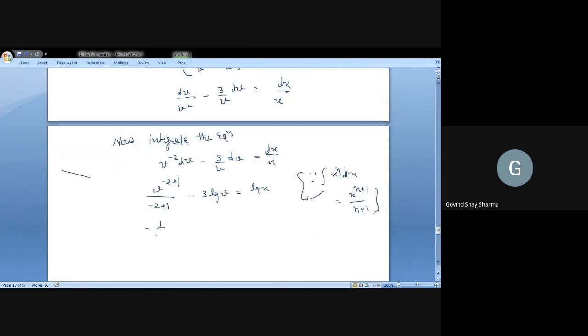Now −1/v − 3 log v = log x + c. Over here we can write the value of v: v = y/x. So it becomes −x/y − 3 log(y/x) = log x + c.